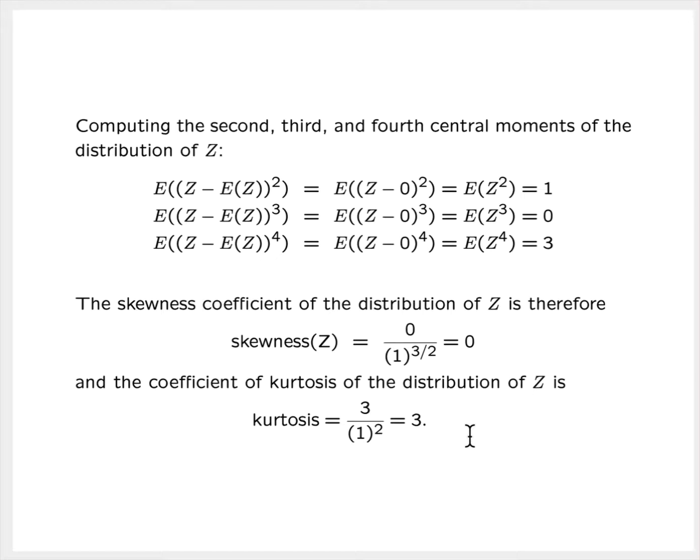So some distributions have less kurtosis than a normal distribution. Some distributions have a greater amount of kurtosis than the normal distribution. You'll remember that when we first talked about kurtosis, we described it as being a measure of the heaviness of the tails. So if a distribution has a kurtosis that is greater than that of a normal distribution, that's telling us that it's got heavier tails than a normal.